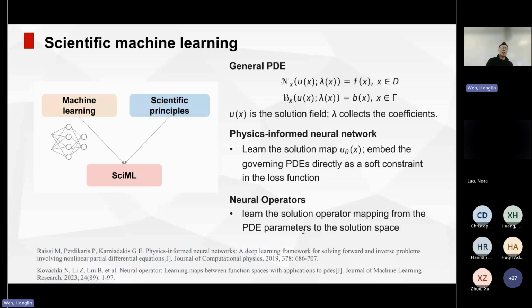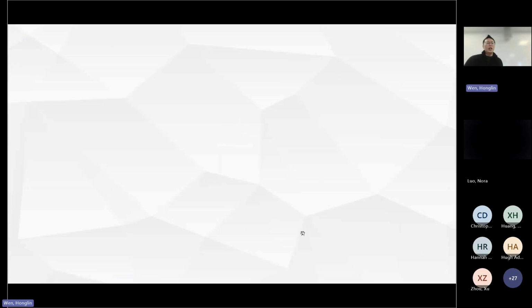For the physics-informed neural network, the idea is that we can train the model just using the governing equations, without training data. For the neural operators, given a class of PDEs, we can train the solution map from the parameters to the solutions. That is the mainstream of models here.